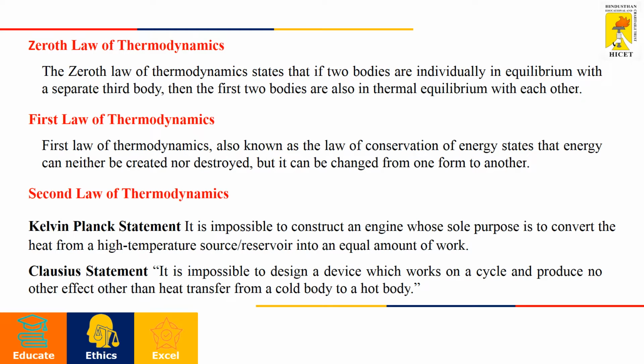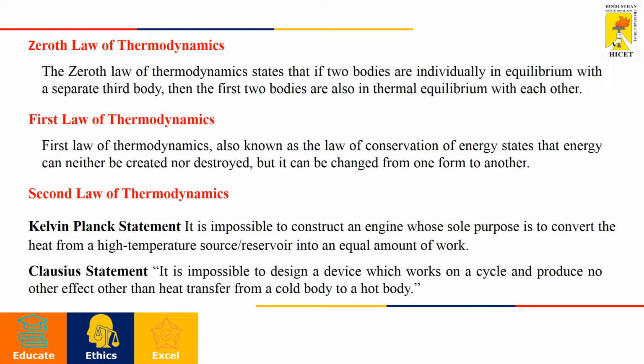The second one is Clausius's statement. What does he say? It is impossible to design a device which works on a cycle and produces no other effect other than heat transfer from a cold body to a hot body. To make it simple, heat cannot be transferred from a cold body to a hot body, but we know it can be transferred from a hot body to a cold body. The other way is impossible without external work.